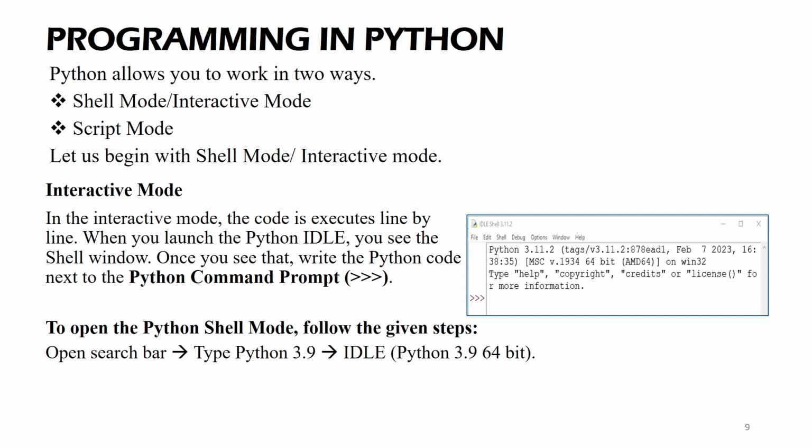Once you see that, write the Python code next to the Python command prompt. See, these three angular brackets are called the Python command prompt. To open the Python shell mode, follow the given steps. Open the search bar, then type Python 3.9 or IDLE Python 3.9.